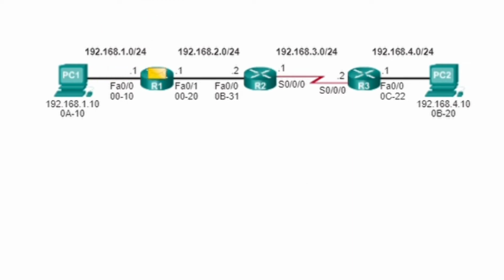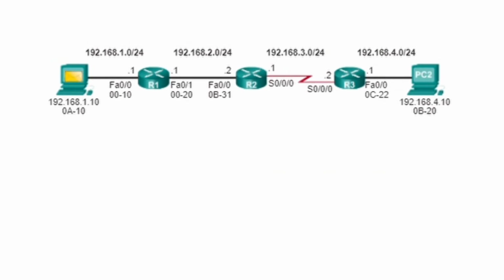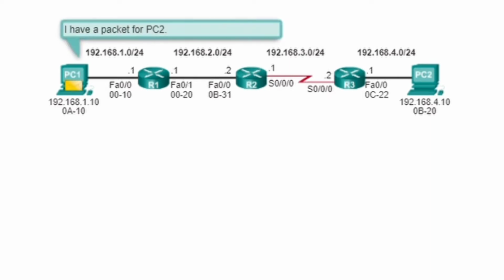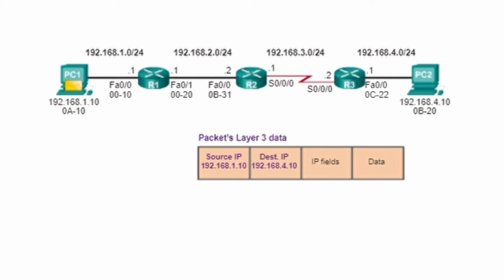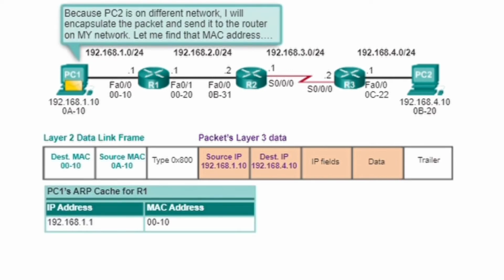If the destination network address is the same network as PC1, then PC1 does not use the default gateway. Instead, PC1 refers to its ARP cache for the MAC address of the device with that destination IPv4 address. If the MAC address is not in the cache, then PC1 generates an ARP request to acquire the address to complete the packet and send it to the destination.